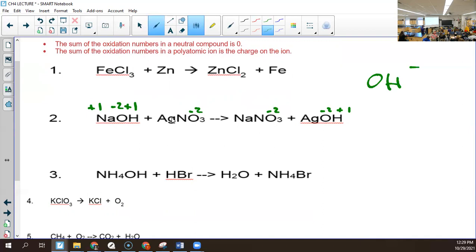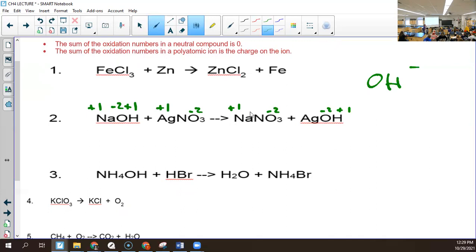What is Ag? +1. +1. Silver's a metal. You got to memorize. All right. What's Na over here? +1, right? Okay, my friends, let's talk about N in NO3.